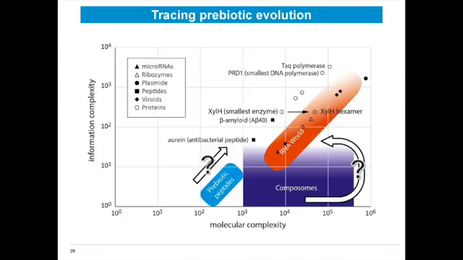Do we have to first increase in molecular complexity and then gain a little bit of information complexity, or can we even go the direct way, for instance, by building up peptide chains?